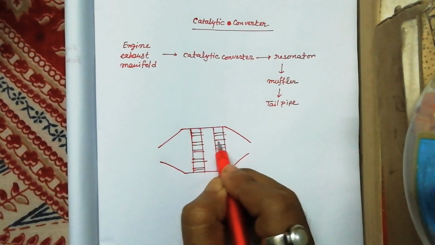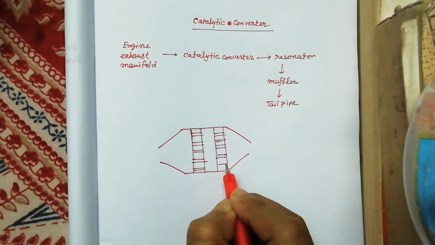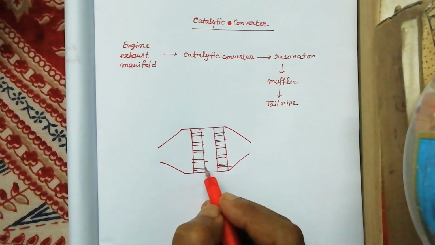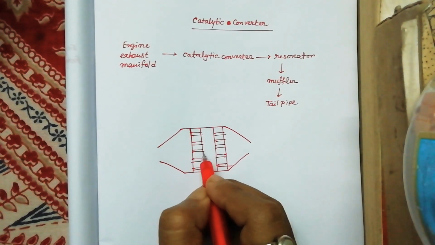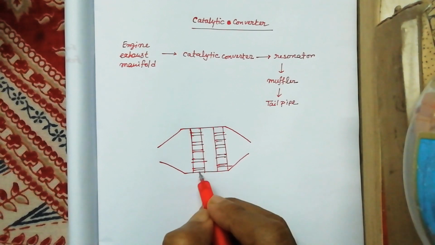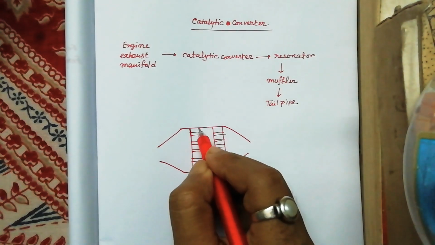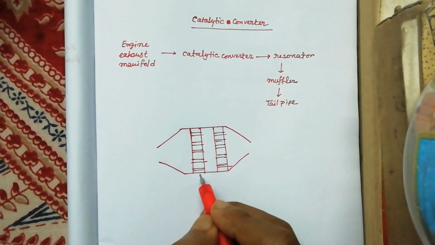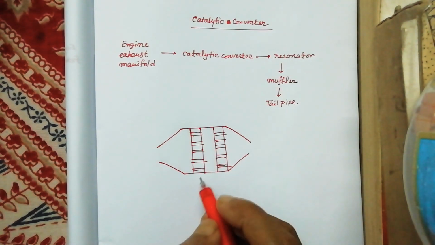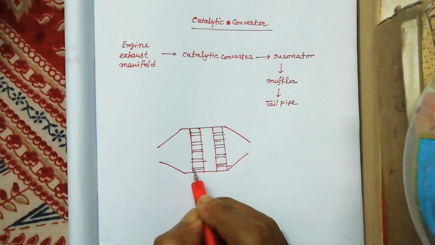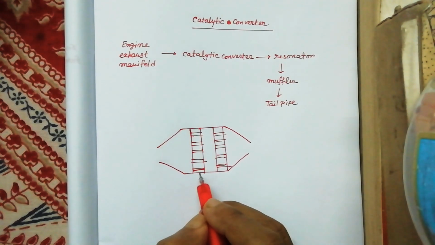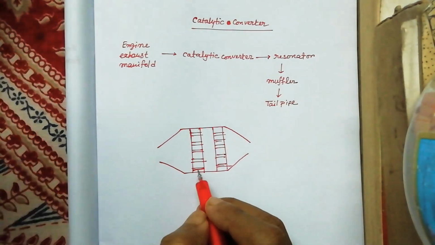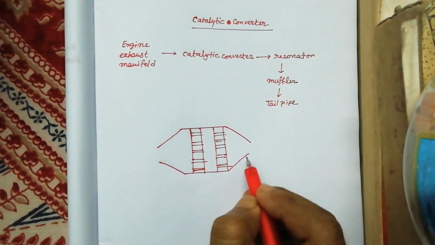This is a honeycomb section which is made of ceramic or metal. These are the two sections where mainly two reactions are performed to reduce the pollutants, converting toxic gases or harmful pollutants into pollutants that are not harmful to the environment.